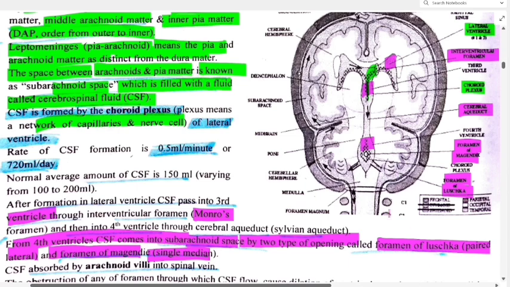So by these two it will go to the subarachnoid space. Where it is subarachnoid space? This one. See, this space, it is the subarachnoid space. Yeah. So hope this flowchart is clear to all of you. Now come to next part.